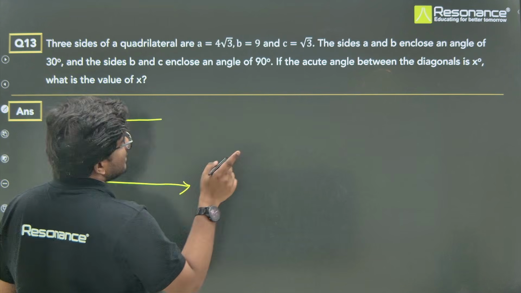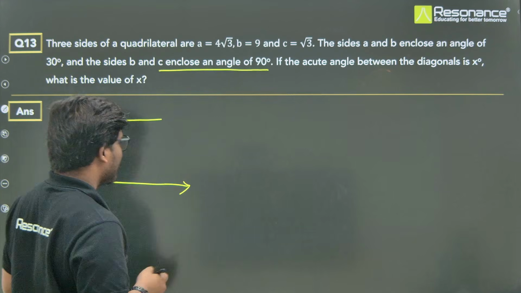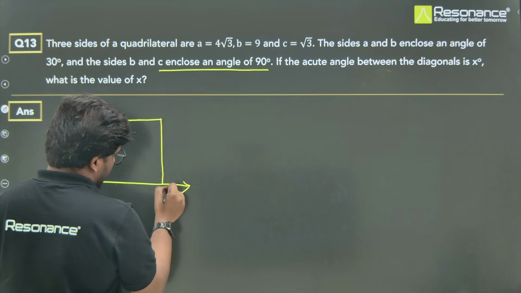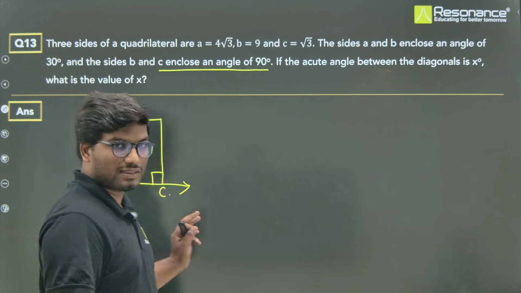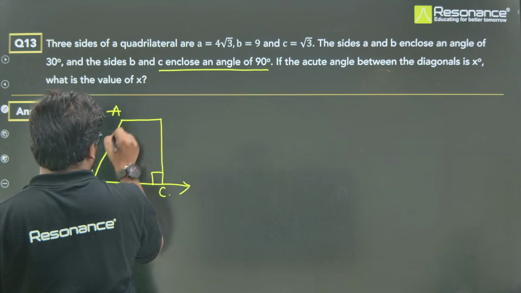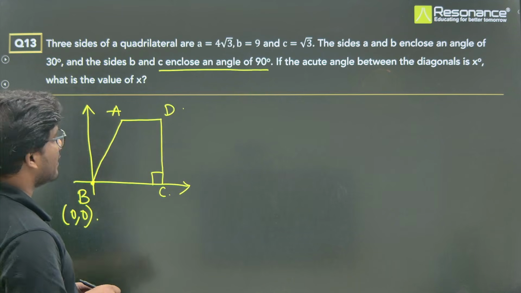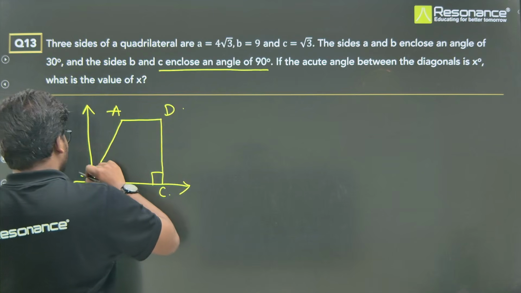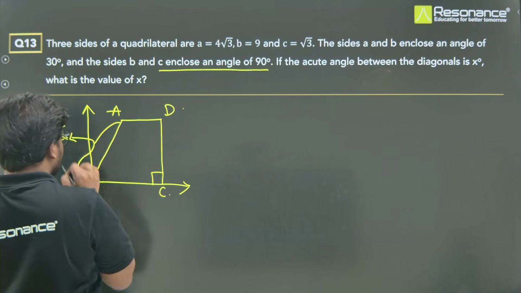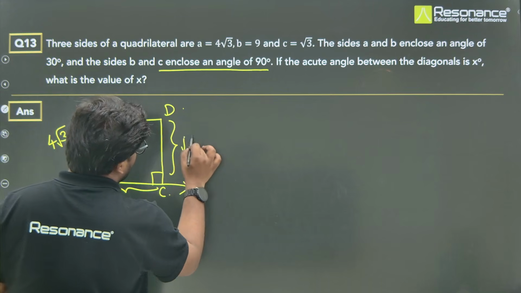And since C encloses an angle of 90 degrees, the possible diagram for this would be this: A, B, C and D. So let this be the quadrilateral, and that side is 4 root 3, this is 9 and this is root 3.